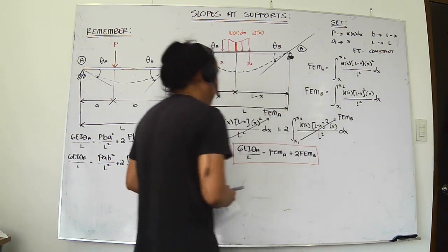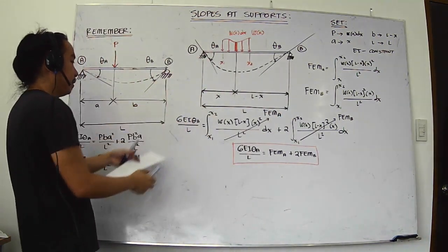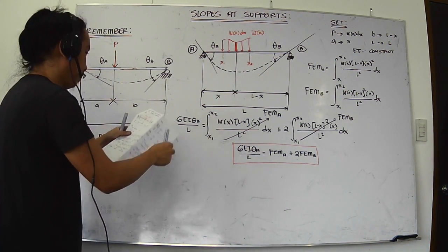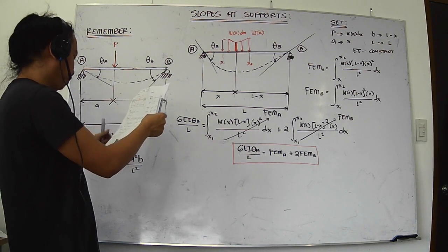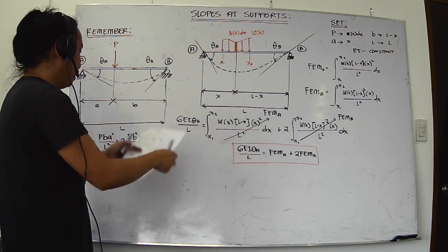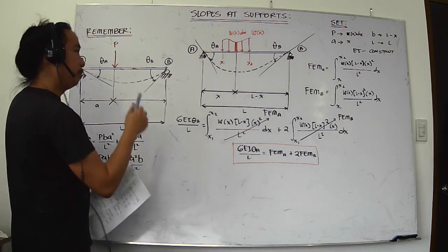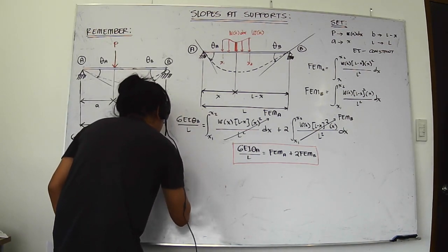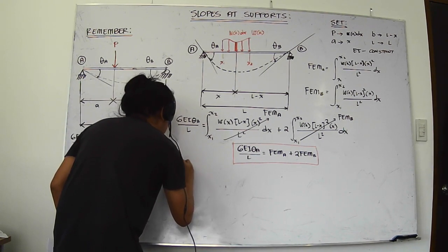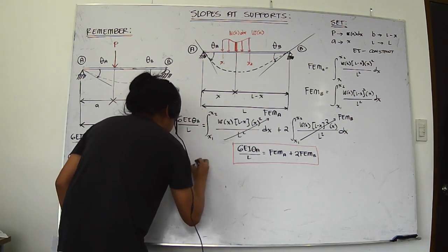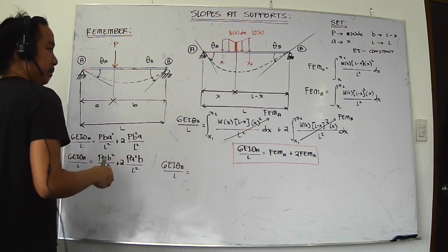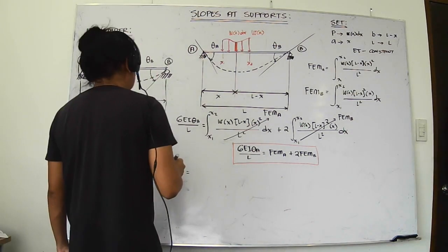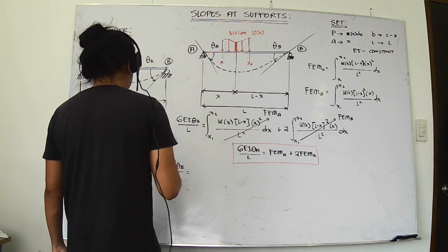Alright. It's the same thing we do for the other one. 6 EI theta B over L is equal to PAB squared.